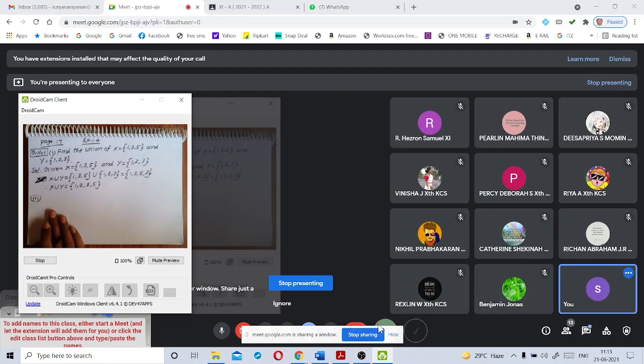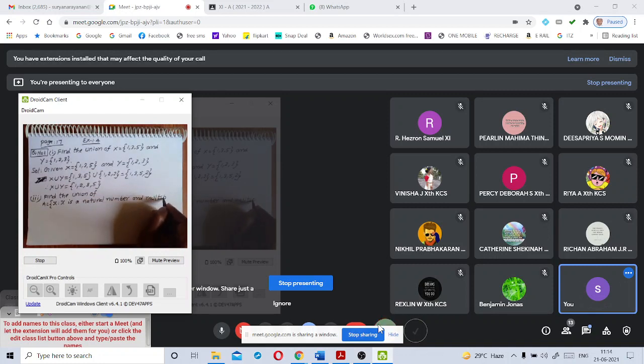Okay. Now come to the next one, third one. A is equal to set, find the union of A and B. A is equal to set of all x such that x is a natural number and multiple of 3.